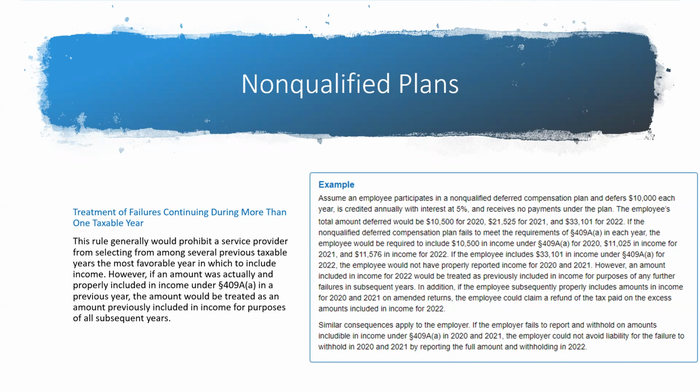This means a service provider who includes income under 409A all amounts deferred under a plan for a taxable year would not be relieved of the requirement to include amounts in income for an earlier taxable year in which the failure also occurred. This rule ensures that a service provider isn't selecting among several previous taxable years to use the most favorable year to include in income.